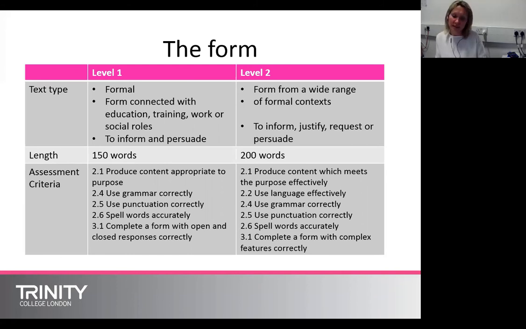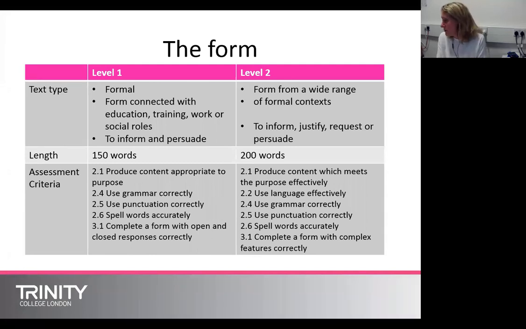So these are the 5 assessment criteria that we are assessing at level 1 in the form. For level 2, in task 1, the form, candidates have notes, and this is something that sometimes candidates ask about.